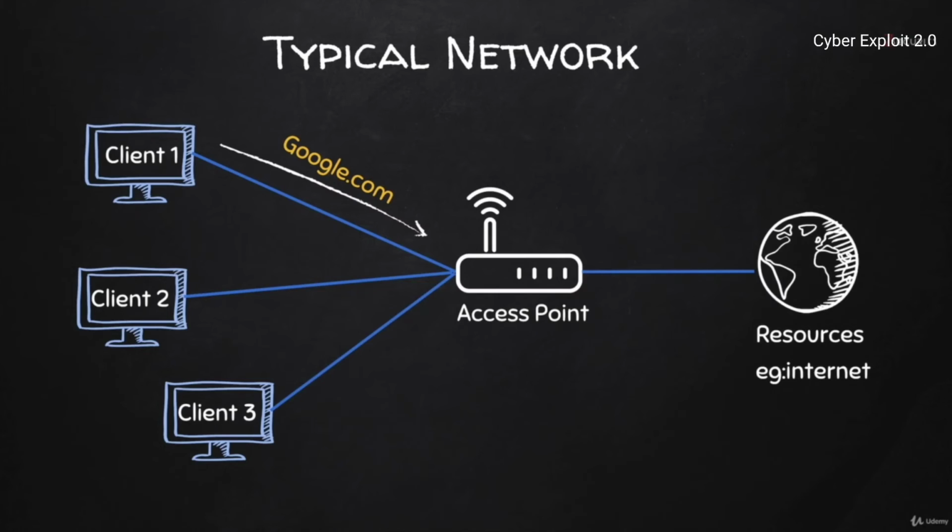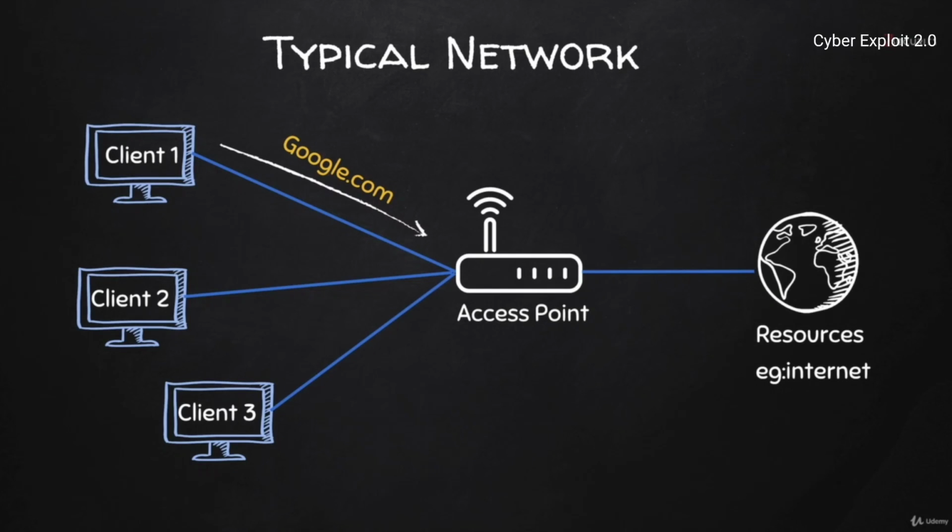Therefore, if you have a wireless card and you're within range, you'll be able to capture all of these requests and responses. So basically, you'll be able to see anything that any computer connected to the same network as you does on the internet, because they will have to send all of this data to the access point, and because they're sending this data in the air, since you're in a Wi-Fi network, you'll be able to capture these requests and responses.